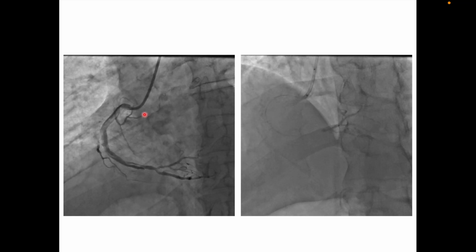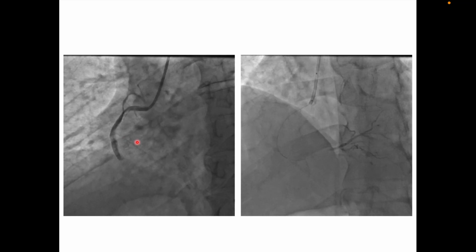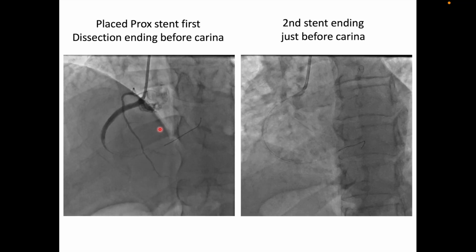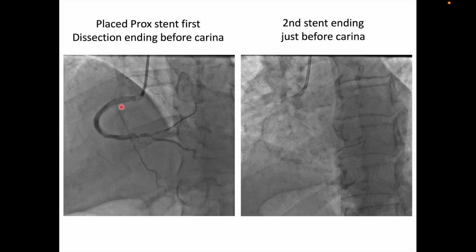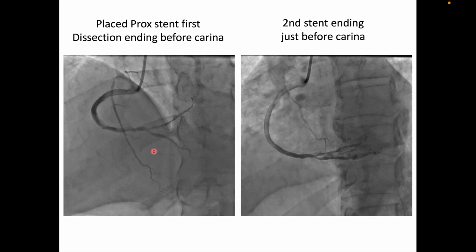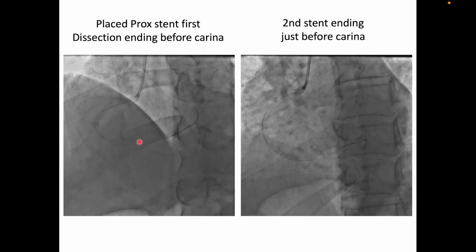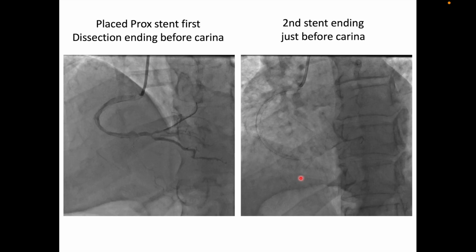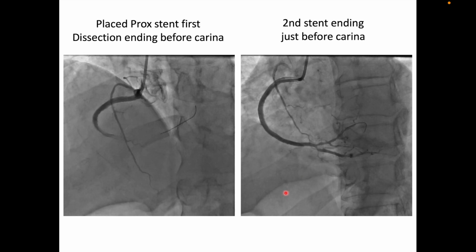So I did the proximal stent first so that I could seal the entry point, and then I could safely take injections. As you can see here, I sealed the entry point, then brought in another stent and stented it as planned, covering this dissection into the distal RCA. So we covered this. The final result looks good.